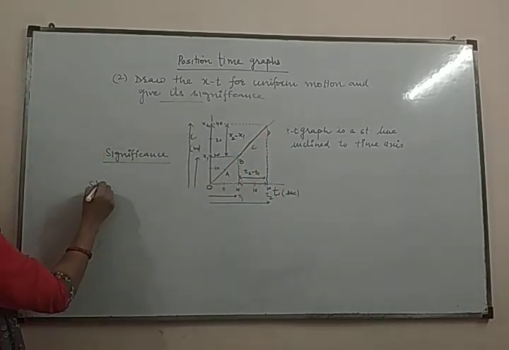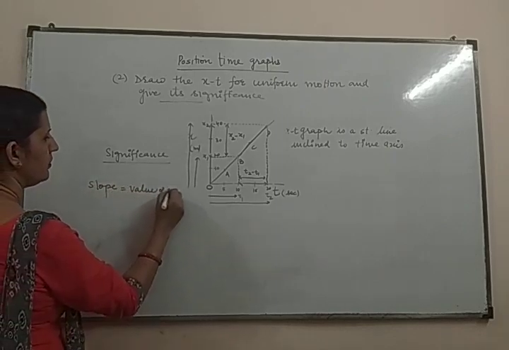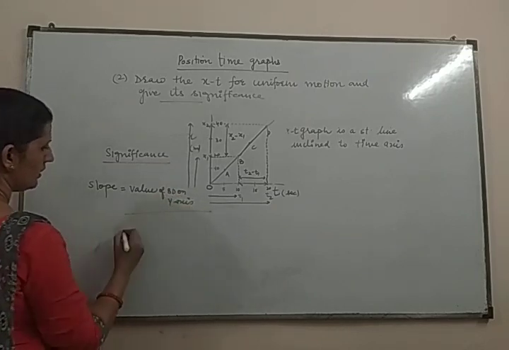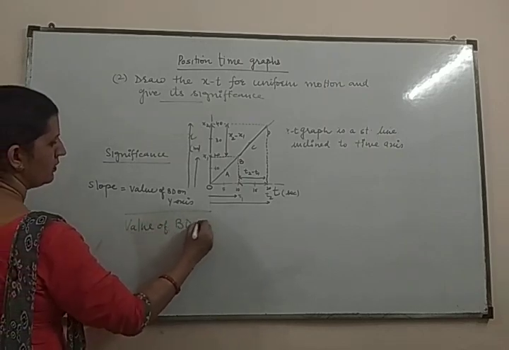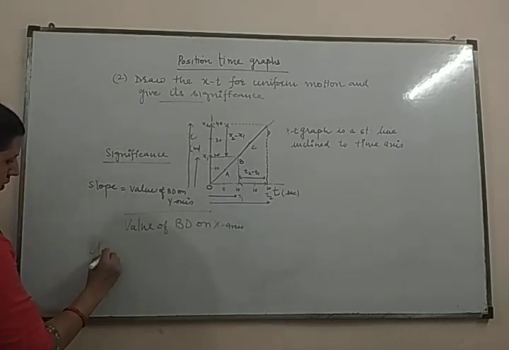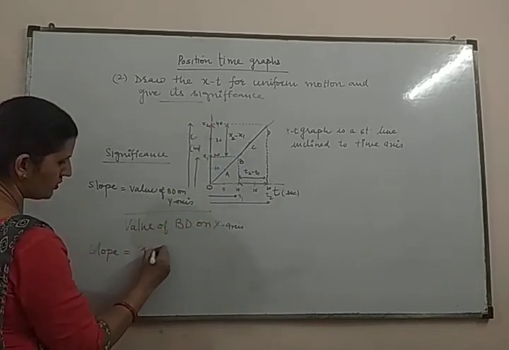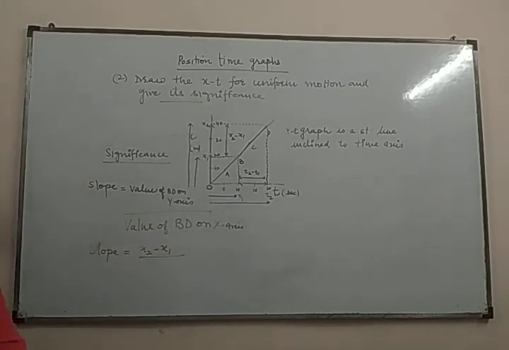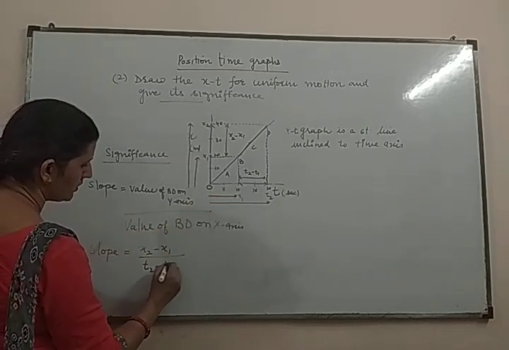So you can write slope is equal to value of BD on y-axis divided by value of BD on x-axis. So slope is equal to x2 minus x1 divided by value on the time axis, T2 minus T1.